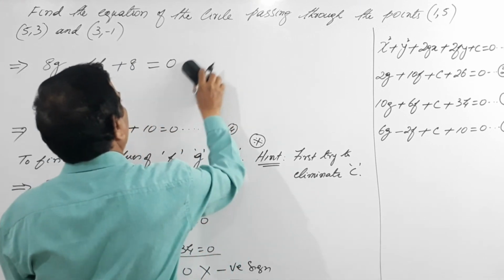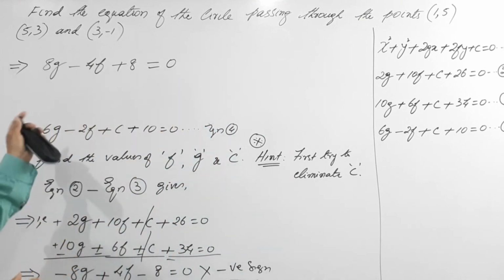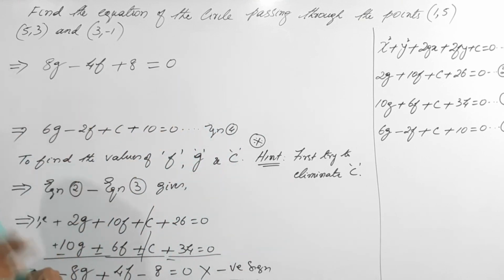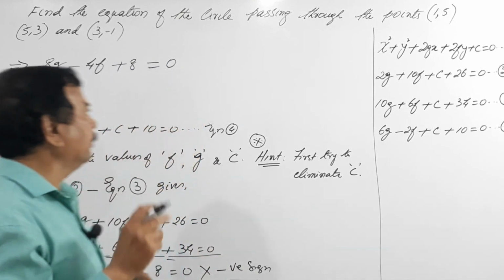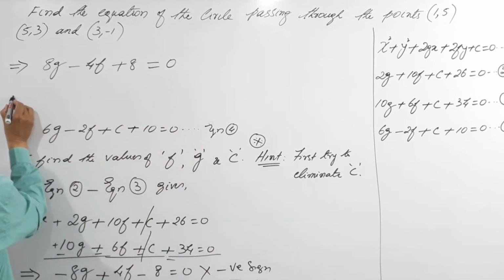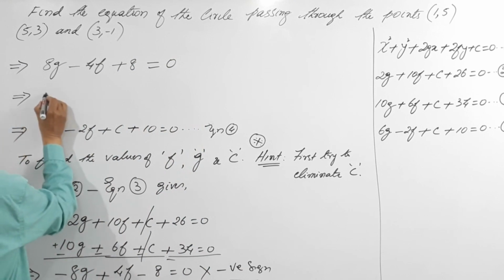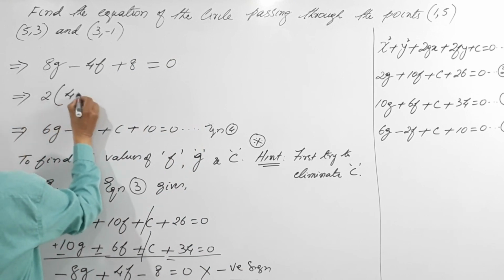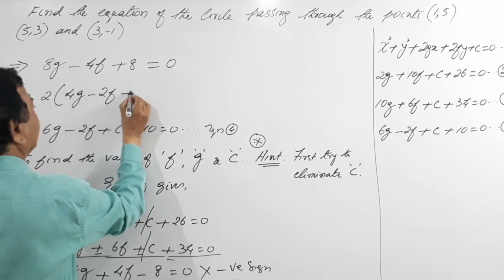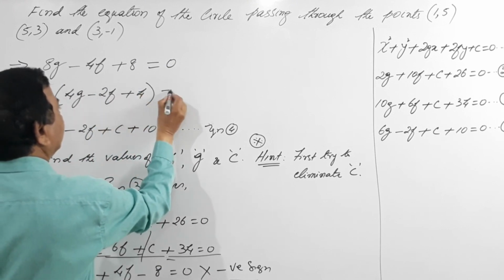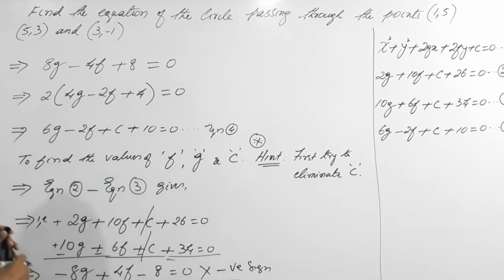Now what is common here? Definitely 4. But I don't take 4 as common. On the contrary, I'll take 2 as common. Why? I'll tell you later. That is 2 times 4G minus 2F plus 4 equals to 0.